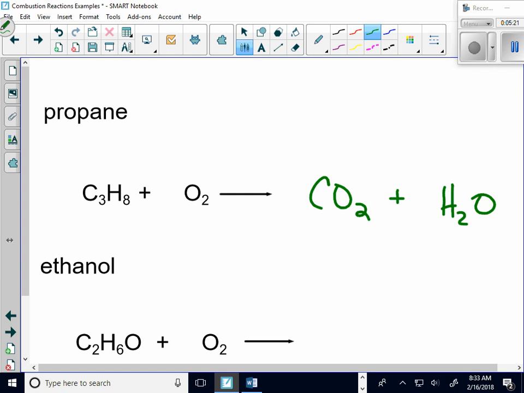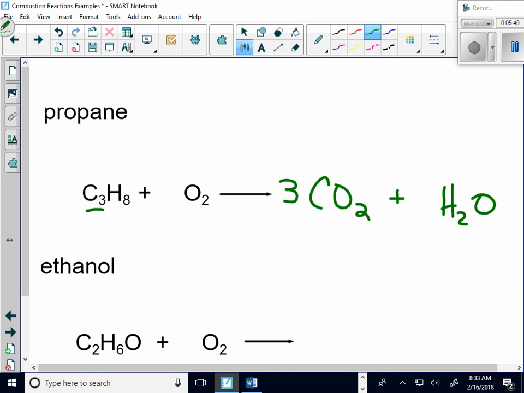I can see that right here I have 3 carbons, so I'm going to start off putting that 3 right there to balance up my carbon. Now all I have to do is figure out the rest of them.